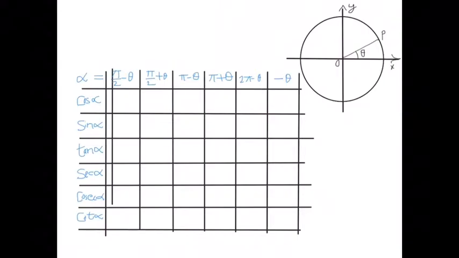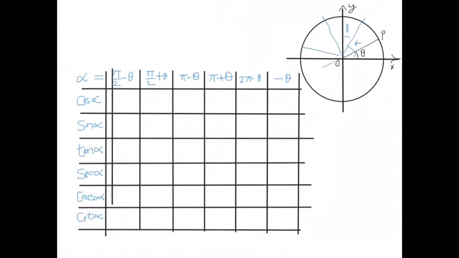Let us now draw rough sketches of these possible values of alpha. So when alpha is equal to pi by 2 minus theta, it would look something like this, where this particular angle is alpha and this is theta. And when alpha is pi by 2 plus theta, it would look something like this. When alpha is pi minus theta, it might look something like this.